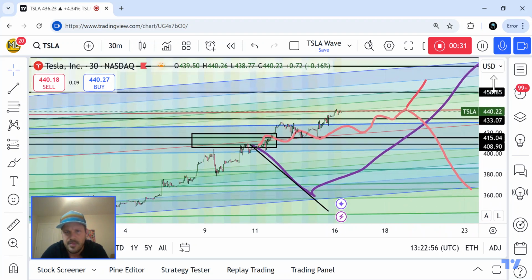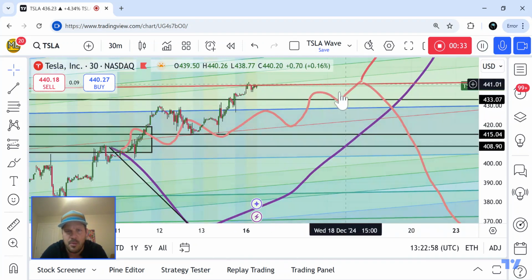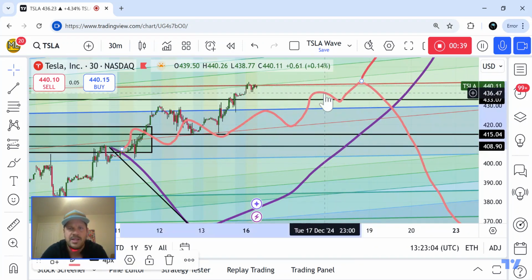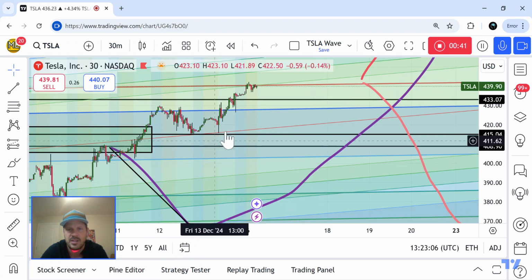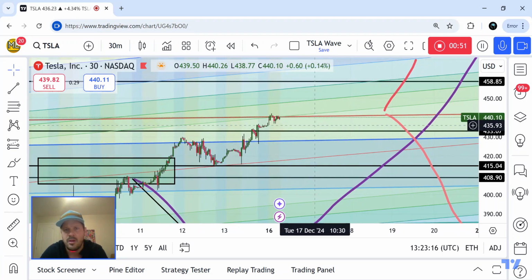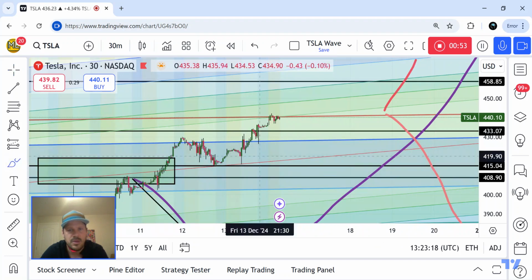Now, as you can see, the level that we are at currently is a pivotal level here, 441. Why I say it's pivotal, I'll explain in 2 seconds, is this median line here that we created earlier in our last video, which I'll connect to, will either give us this.